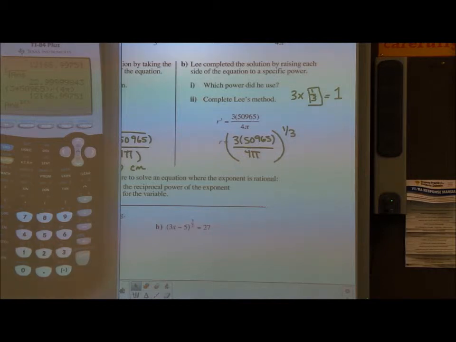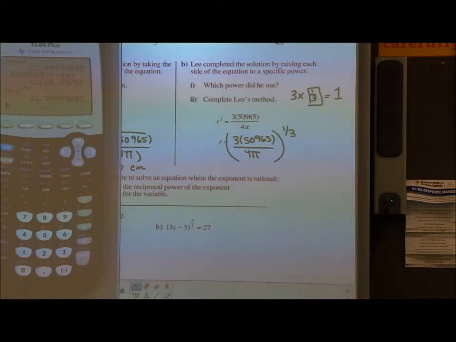If yours doesn't put it in the exponent spot, then you'd have to go bracket. So if yours had the ANS, and when you press the power button you get the little arrow or the little hat, then it would be 1 divided by 3. I still get the same answer.